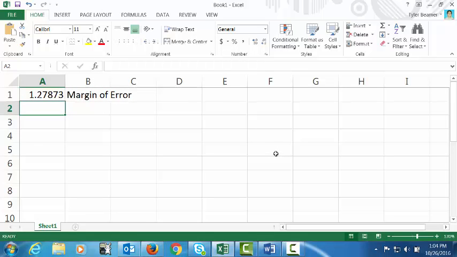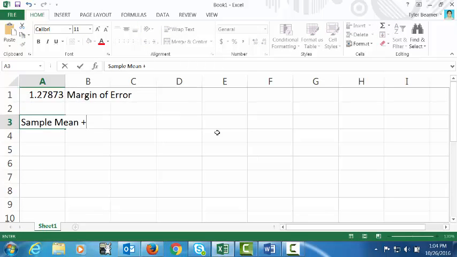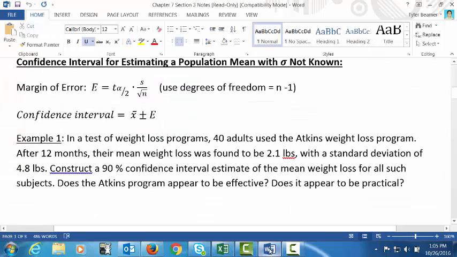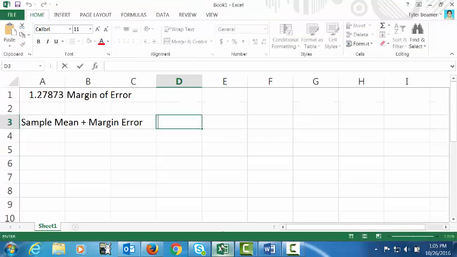So then, to construct our confidence interval, we need to take the sample mean and add the margin of error to get the upper confidence interval limit, so the upper CI. So we were given the sample mean from the problem. It was 2.1 pounds. So equals 2.1 plus the margin of error.